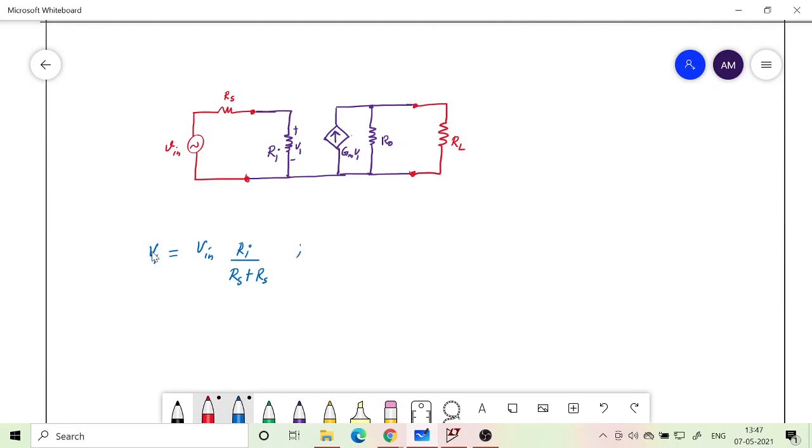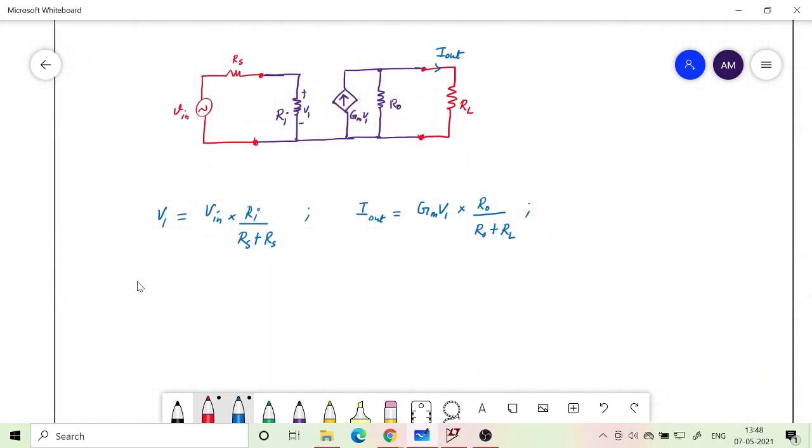Similarly, if you look at the output circuit, there is a Gm V1 current that is coming, and the current that you will get at the output is I out. So that is equal to Gm V1, the total current, multiplied with the resistance of the other branch, that is R0, divided by R0 plus RI. Okay, so these are the two major basic equations. From this we can calculate everything that we want.